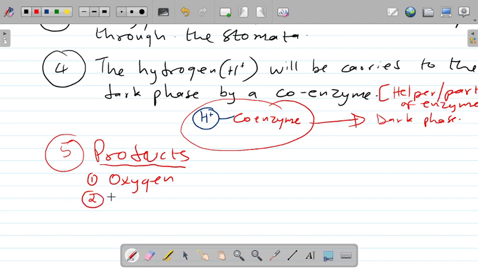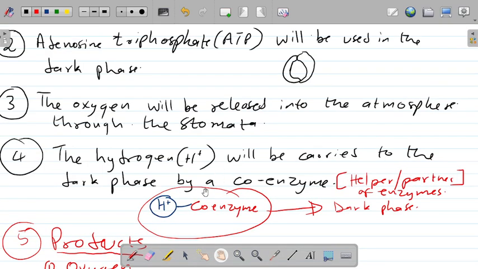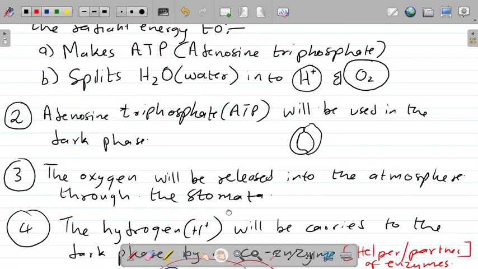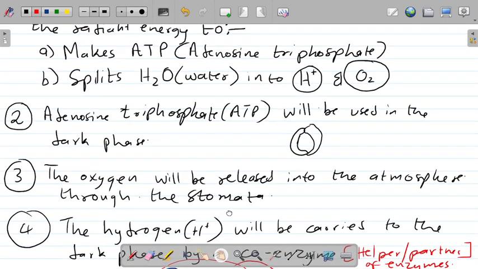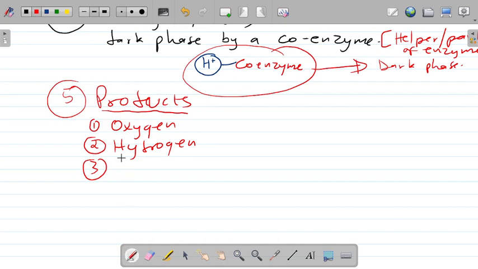Two, hydrogen. Three, what else was made? Nimrod, what was made during the miracle? Thank you. ATP. You can't even read something on the board. ATP. Now, where do they go?